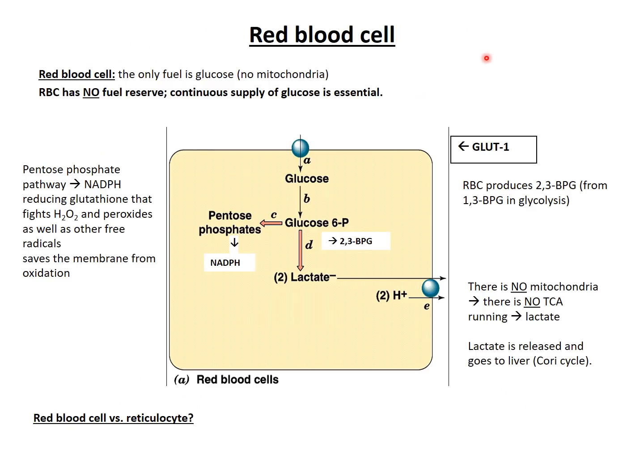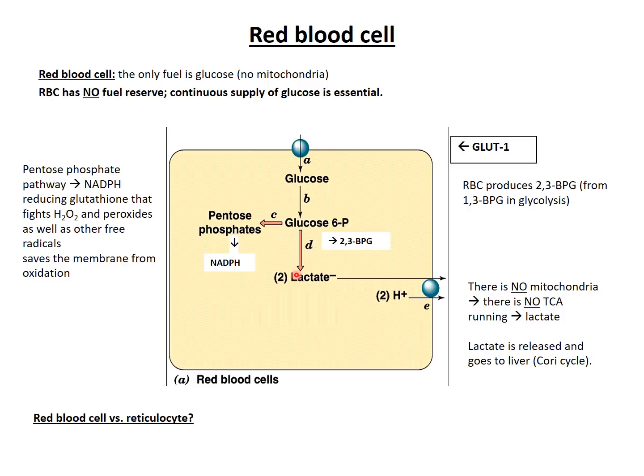So let's start with red blood cell. And you may remember that it is a very poor cell in regard of what it can do. No mitochondria, so very anaerobic. The only fuel source is glucose. Glucose is going down in glycolysis, but it ends up in lactate because there is no mitochondria.